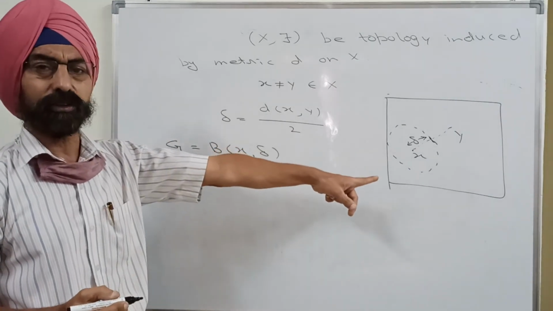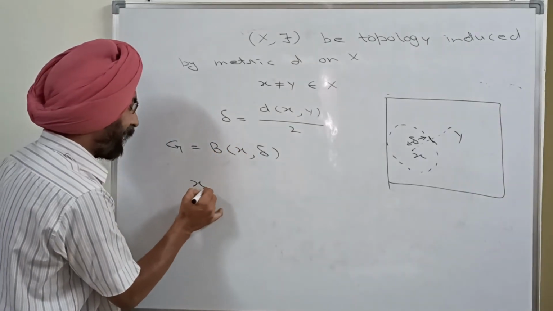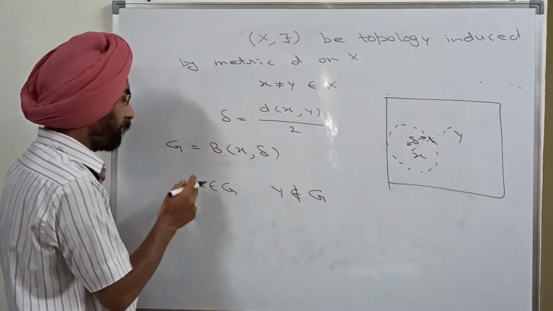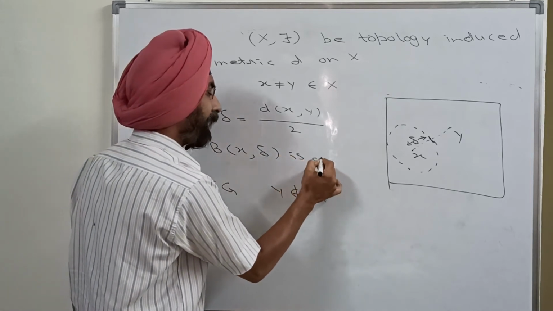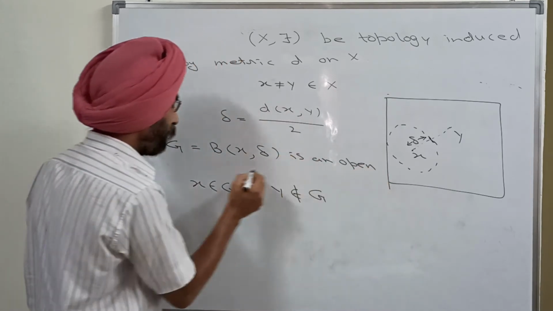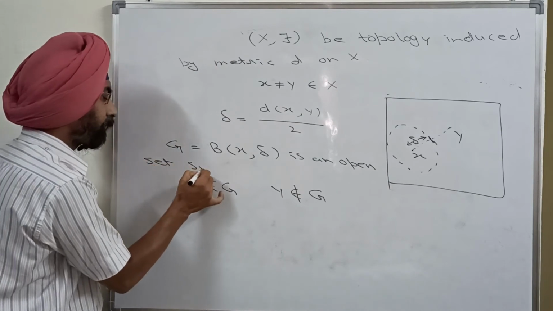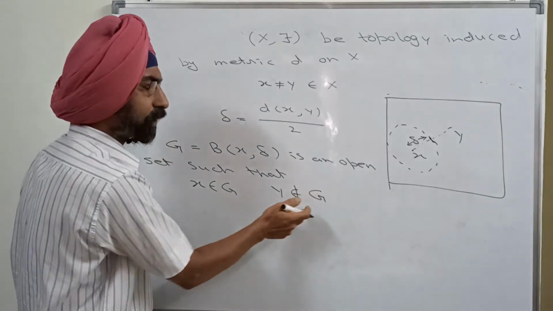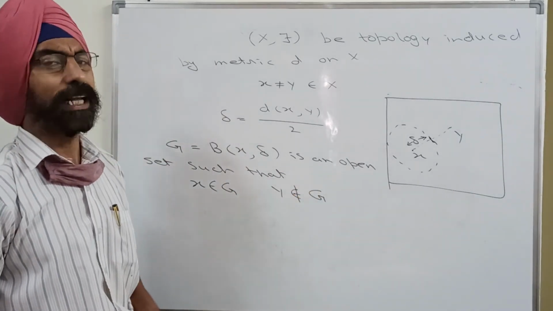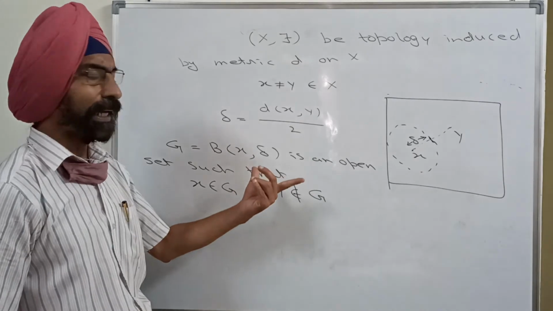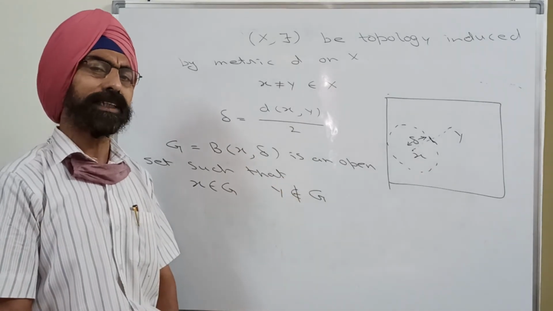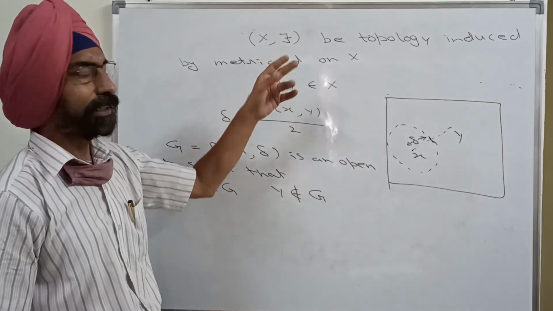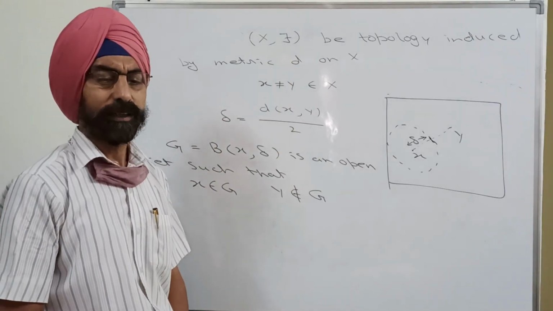And from the diagram it is very much clear that x belongs to G and y does not belong to G. So G is an open set such that G contains x and G does not contain y. So that means we have obtained an open set G containing one of the elements and not containing the other, which is sufficient to show that the space is a T0 space.